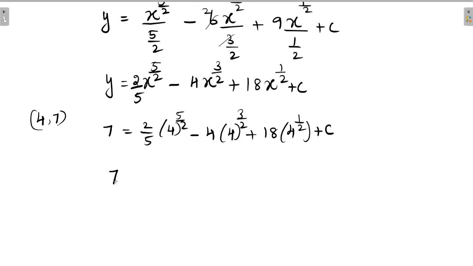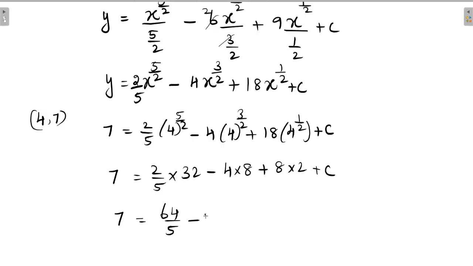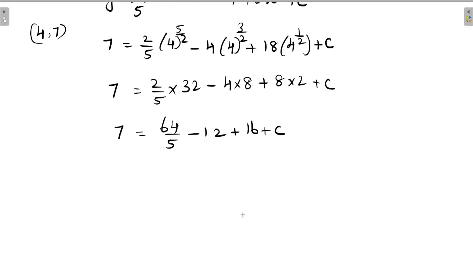Now 7 = (2/5) × 32 − 4 × 8 + 8 × 2 + c. By simplification, 7 = 64/5 − 12 + 16 + c. Calculating this, the constant c is −49/5.